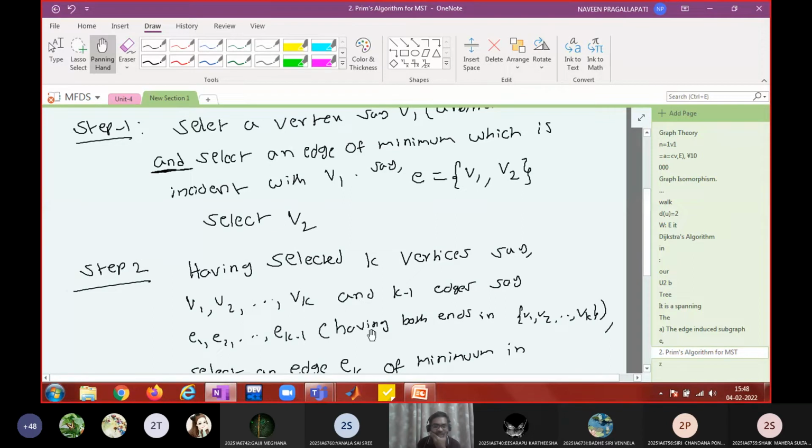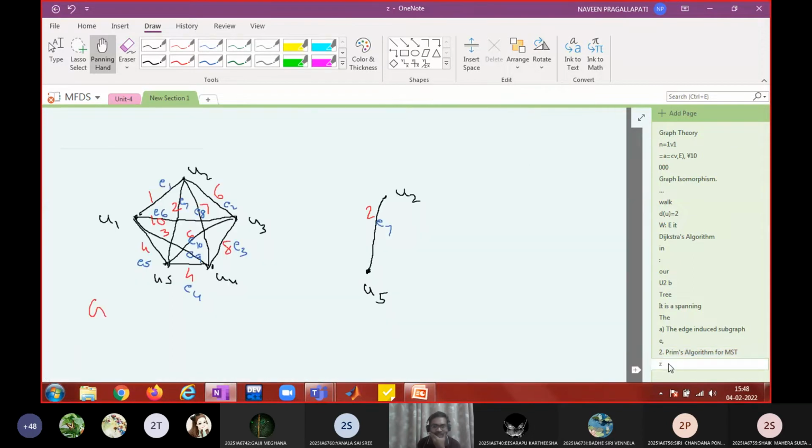The other vertex must be in the rest of the vertices. Now tell me which edges are incident with U2. You identify the edges incident with U2, and also those incident with U5. Among all those edges, you select the edge of minimum weight.